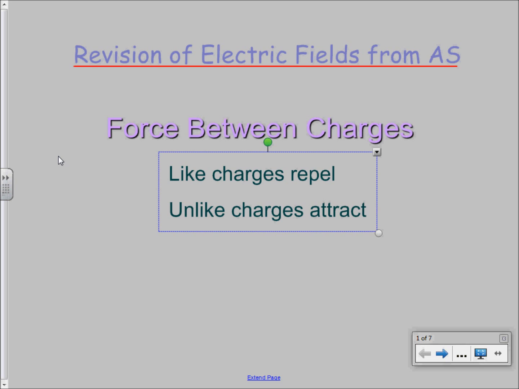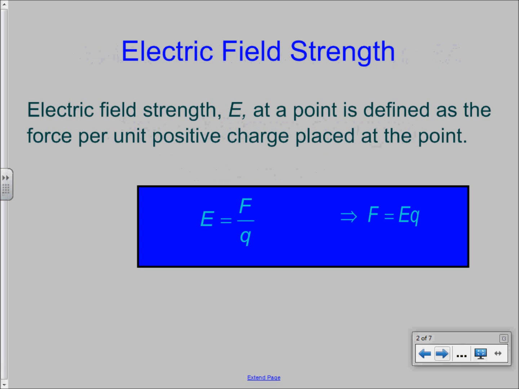The most basic thing about like charges repelling and unlike attracting is the first thing we can say. Electric field strength is force per unit charge, but the extra thing you have to have in there is positive charge: force per unit positive charge.